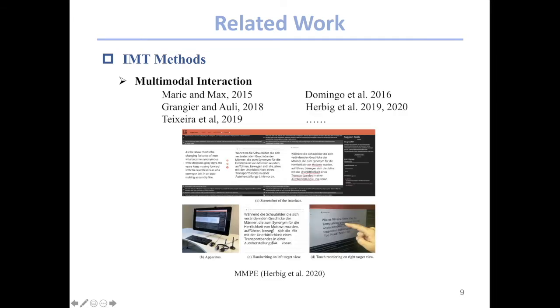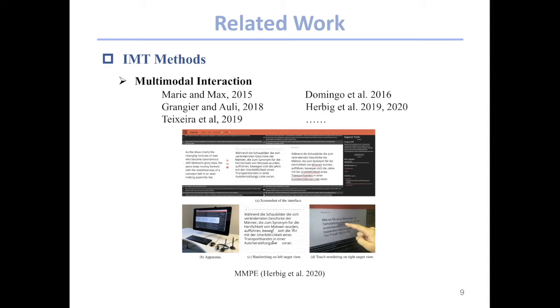Recently, some researchers resort to more flexible interactions by incorporating multimodal interactions. Instead of traditional keyboard input, the multimodal methods allow human translators to interact with mouse, handwriting, speech, or finger touch. These methods enhance the user experience and meanwhile reduce the human effort for obtaining a final high-quality translation.